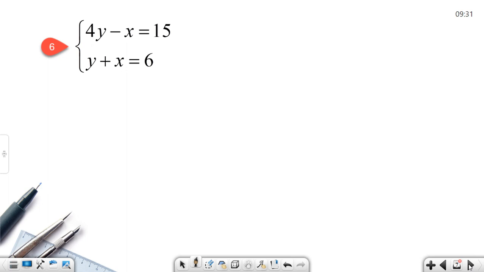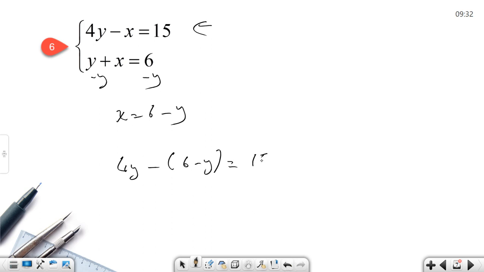Similar question, but here you need to isolate x or y. You can subtract y from both sides: x equals 6 minus y. So in the first equation you can write x equals 6 minus y. Let's write 4y minus 6, 6 minus y equals 15.